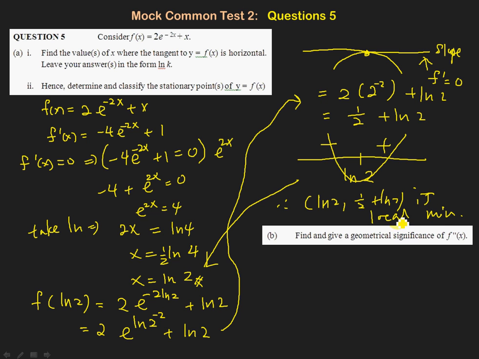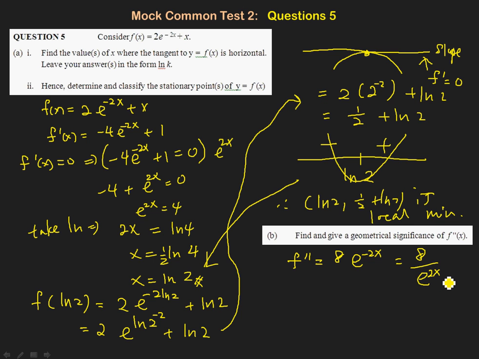Now find and give a geometrical significance of f double prime. Don't care about that first. Let's get f double prime. Now f prime we know from here, so f double prime will be 8e to the power of negative 2x. That's all. On purpose I write this as follows.